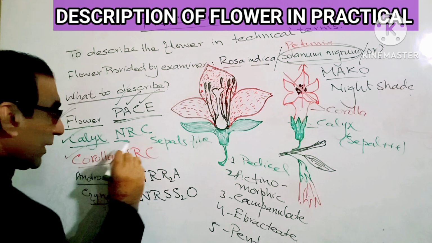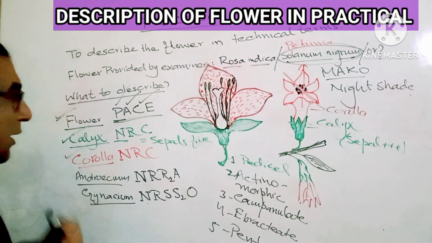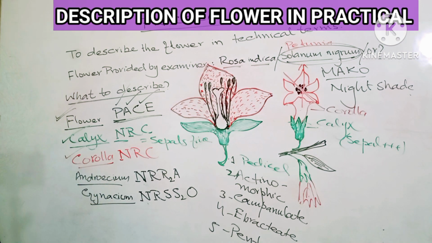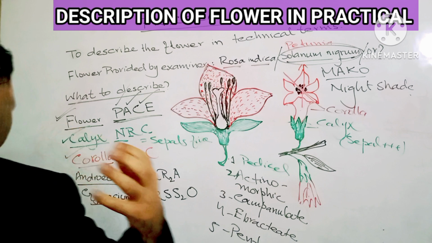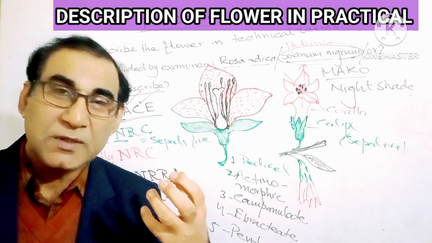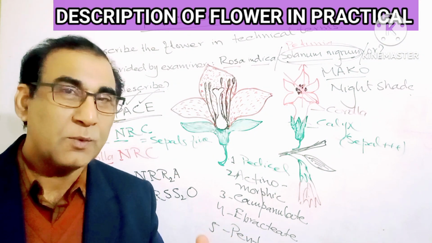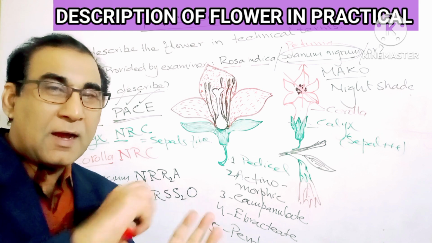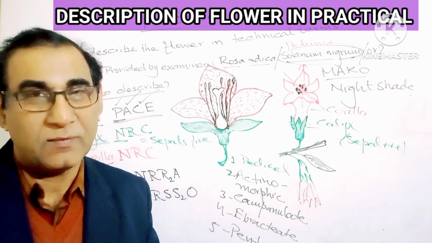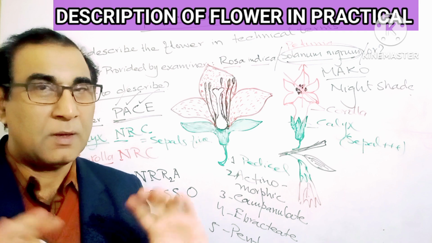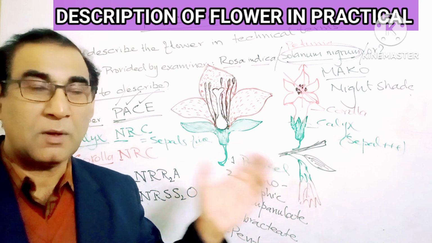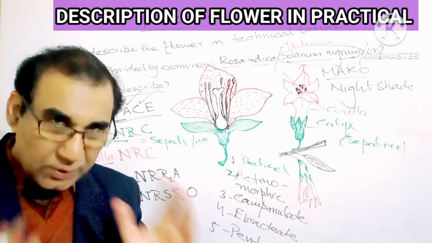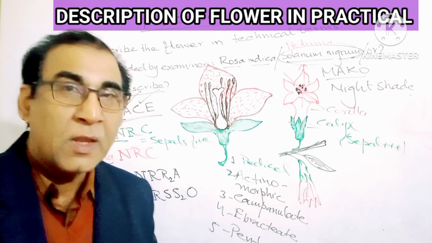Next, you have to tell R. R means relationship. You have to tell the relationship of all the sepals among one another: either they are united or they are free.